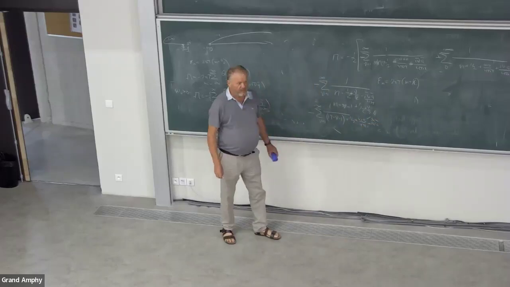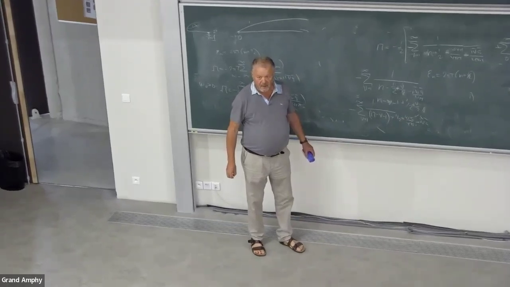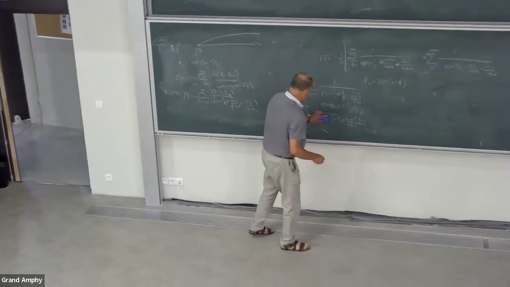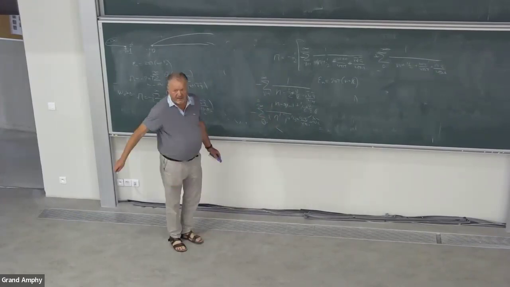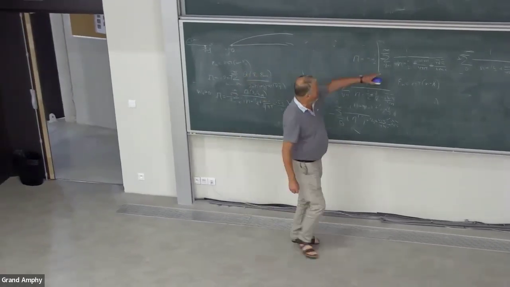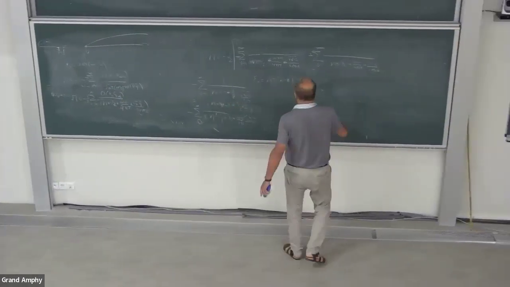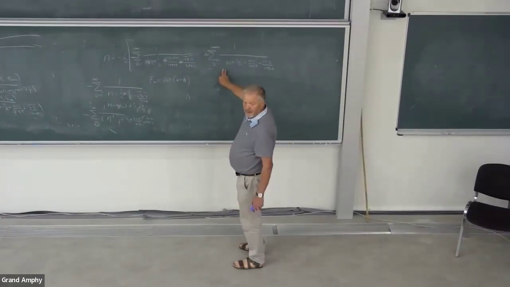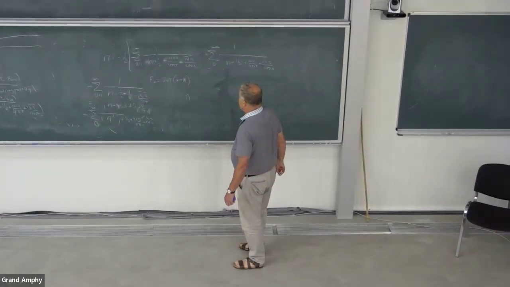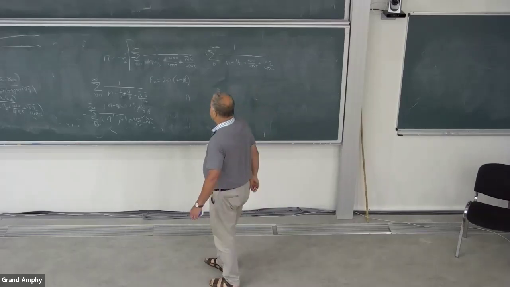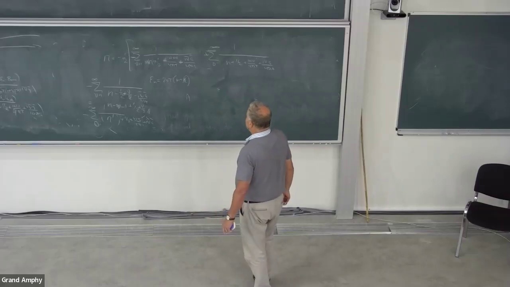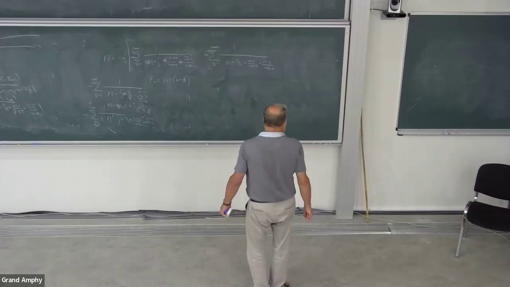And I shift the variable. I will say that this is n prime 0 infinity. And I will see the first sum is like the second sum, with a frequency that is shifted.